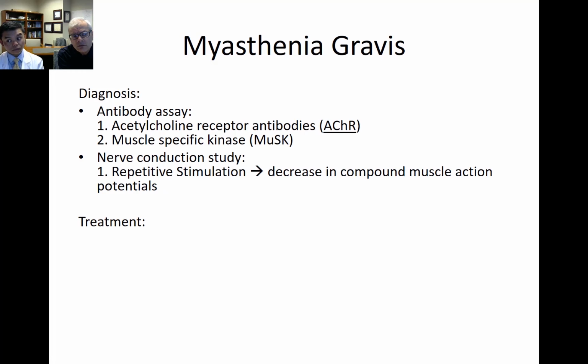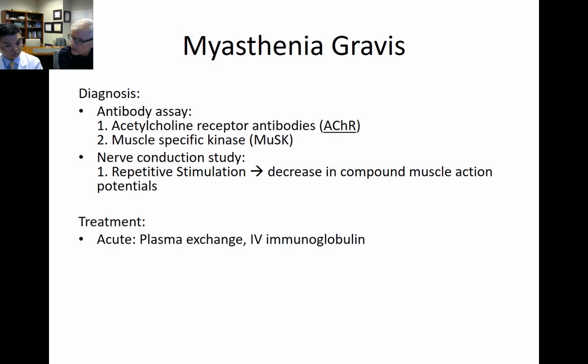So treatment. What do we do for these folks? Well, there's a couple of ways to think about it. If someone is really, really sick, like they're in the hospital, we call it a myasthenic crisis, so they have difficulty with breathing or some other really bad symptoms, swallowing, whatever it might be, there's really 2 main modalities we use. One is plasma exchange, where we introduce a big line, take out their blood, filter out the antibodies that are causing the problem, and then give them back their blood.